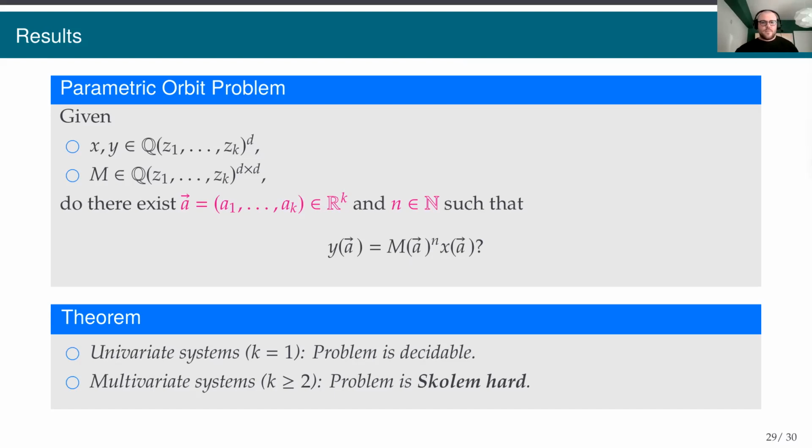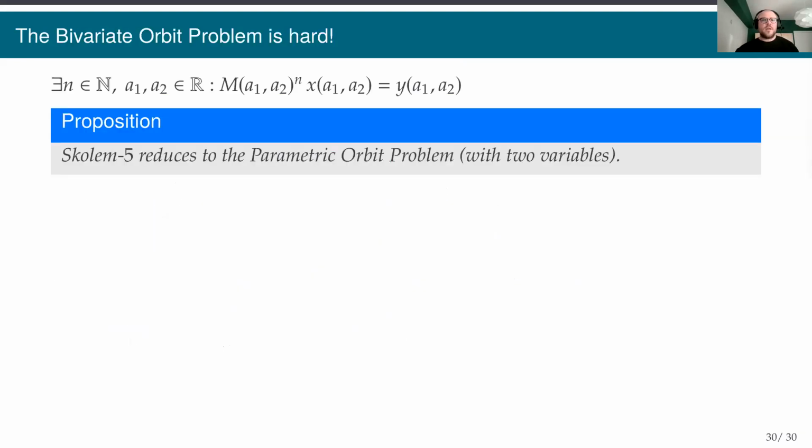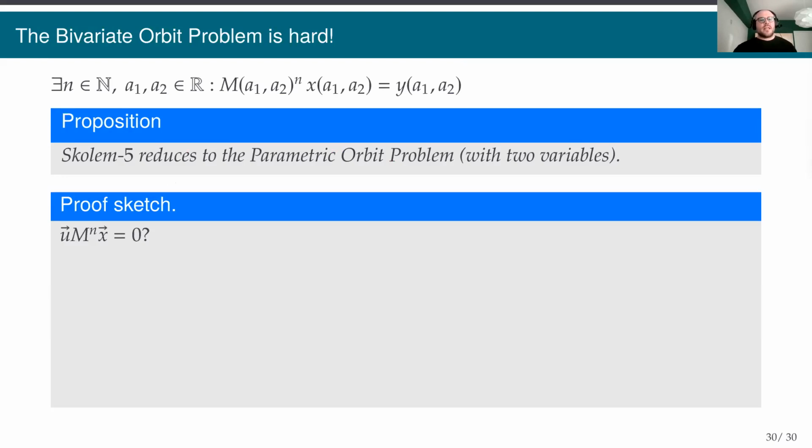So just to go over here. Yeah, so this is the problem. We're saying that the Skolem problem reduces to the parametric orbit problem with two variables. And I'm actually saying that we can do this with constant matrix M and constant initial point x.